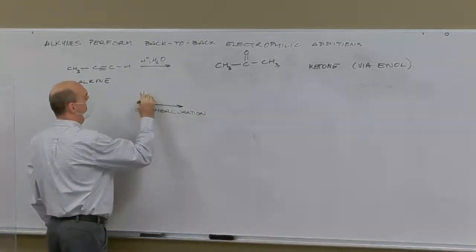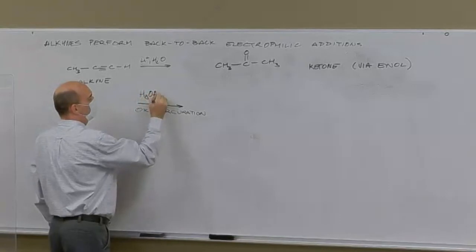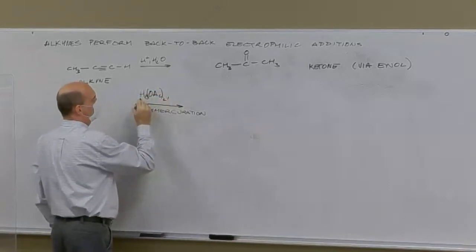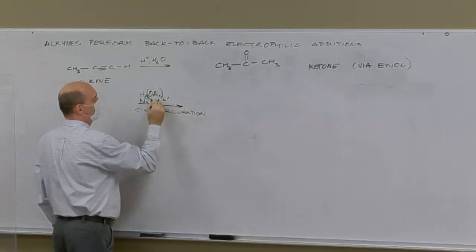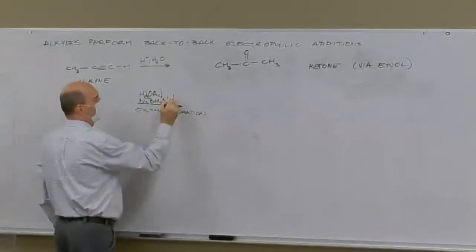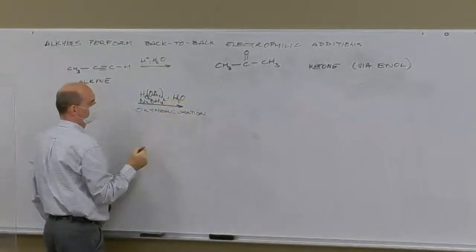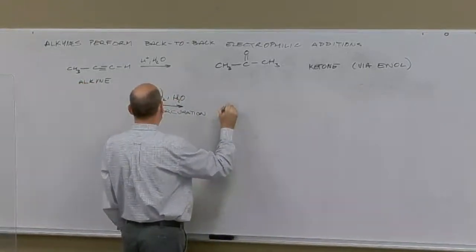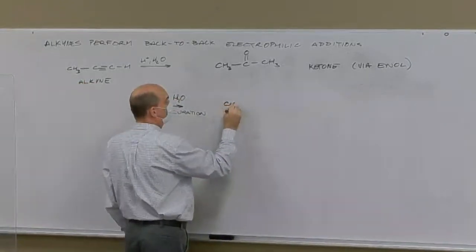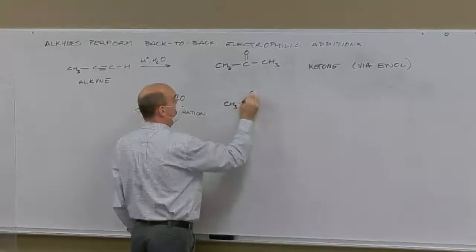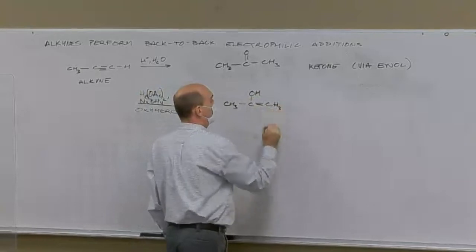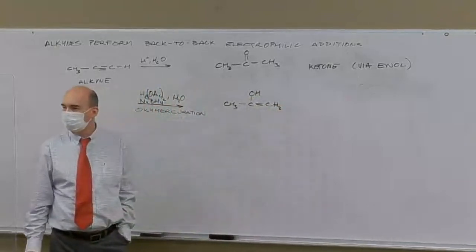You could do an oxymercuration with mercury acetate, and you need some sodium borohydride to follow, and some water. What that does is it makes the Markovnikov product. So let's go ahead and make the guaranteed Markovnikov product. Oh, it's this enol.